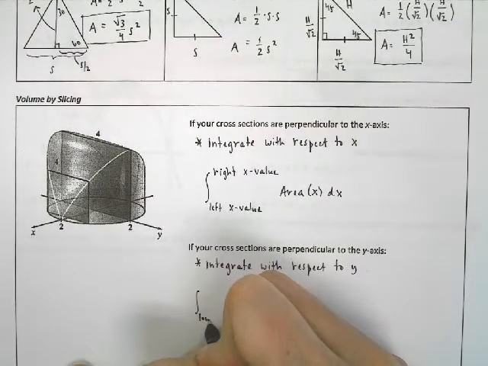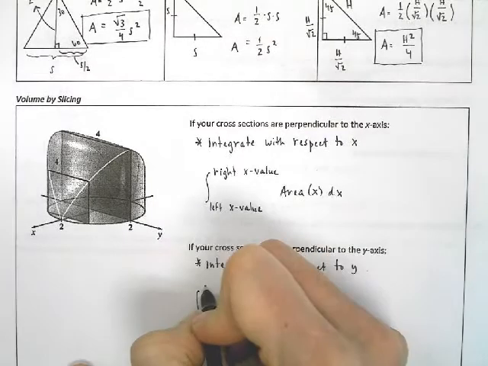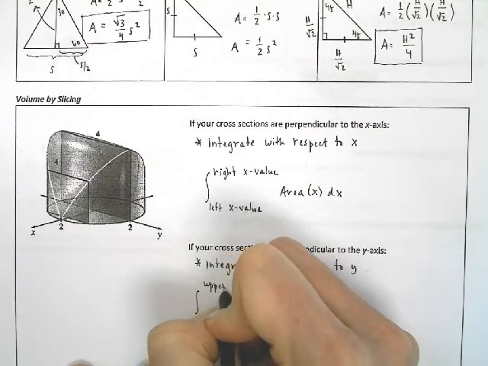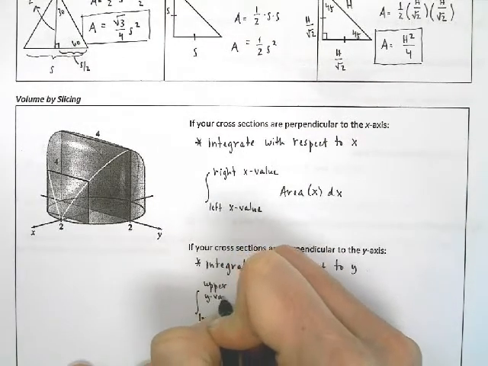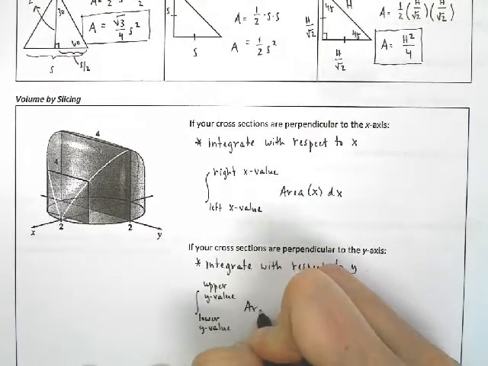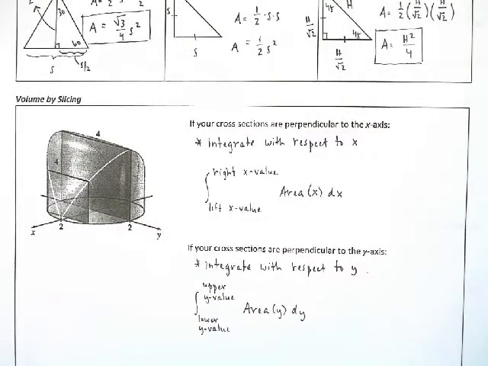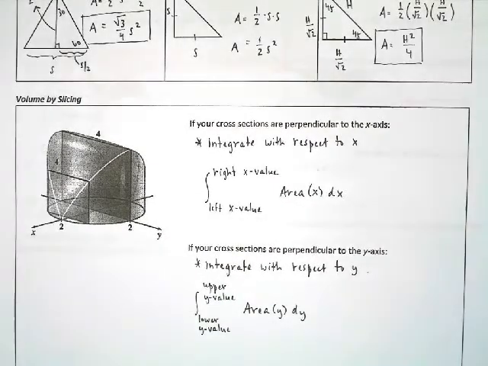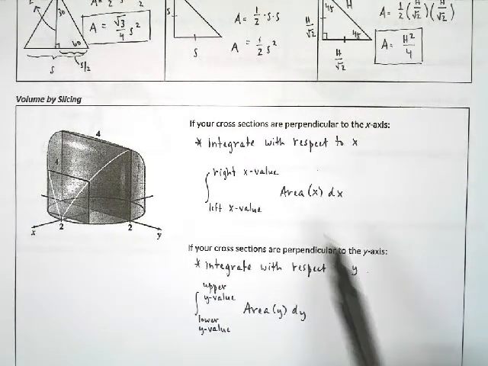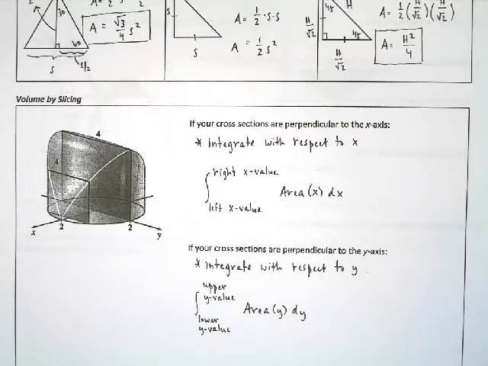So here we're going to have our lower y value. Our upper bound is going to be our upper y value. And now when we integrate, we're going to have the area formula, this time in terms of y, with our dy at the end. Again, as we're going through, I want you to be really checking those integrals. Make sure your variables are all matching and that you're including that dx or dy at the end.